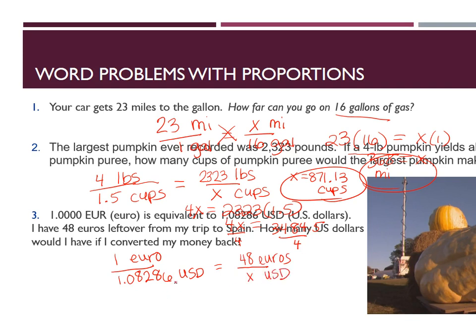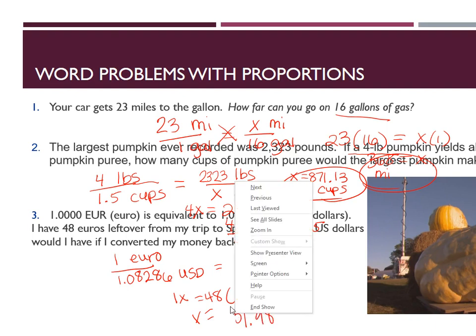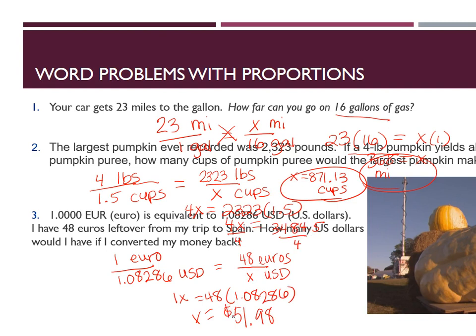And then again, just cross products. 1 times X equals 48 times 1.08286. 1X is just X. 48 times 1.08286 is 51.98, and since it's money, I'm going to round to 2 decimal places. So I had about $52 left.